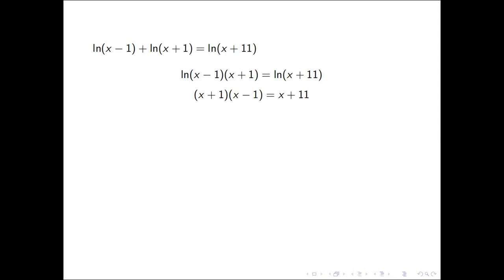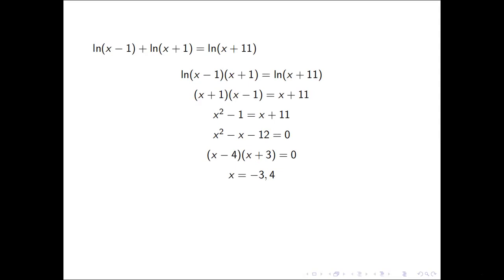Let me just quickly show you the steps. So expansion, transposition, factorization, and then solution. And you have possible solutions for this logarithmic equation, two at the most.